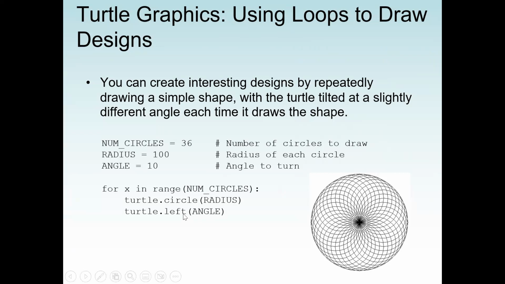So here we say for X in range number of circles, which is 36, we want to draw a circle with a radius of 100. Then we turn by the angle of 10 for each circle. So looking at the shape, we can see that they are just circles, but the turning angles are different. So we see different shapes together.